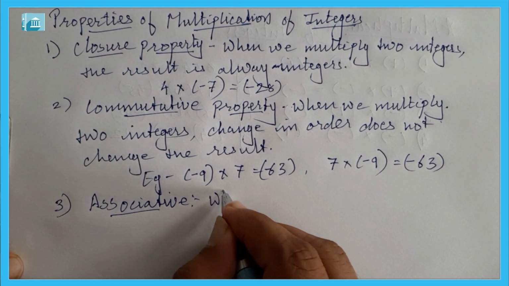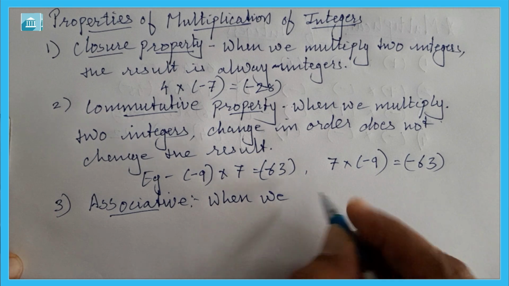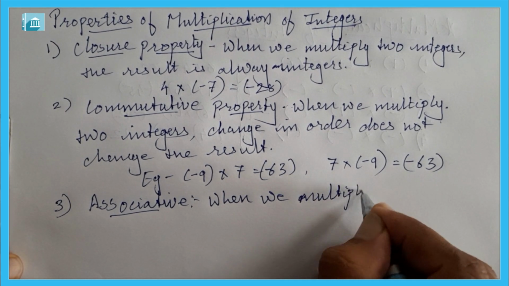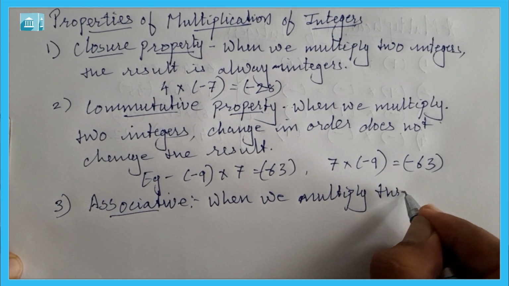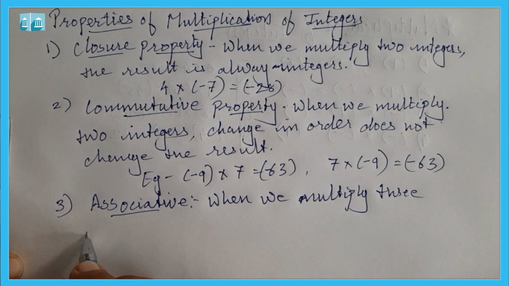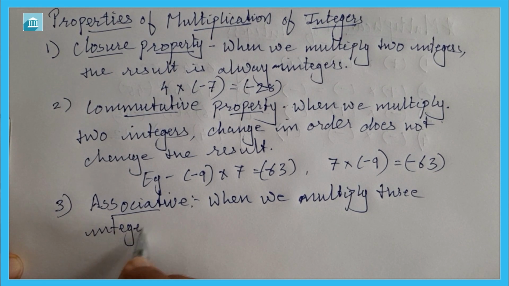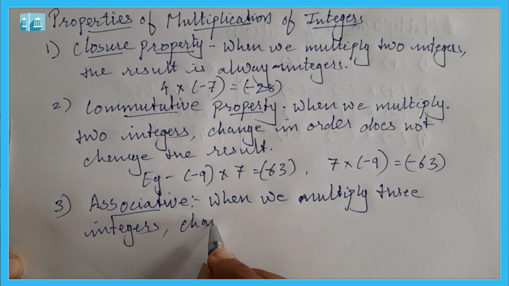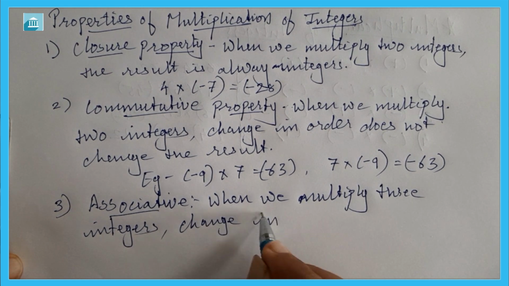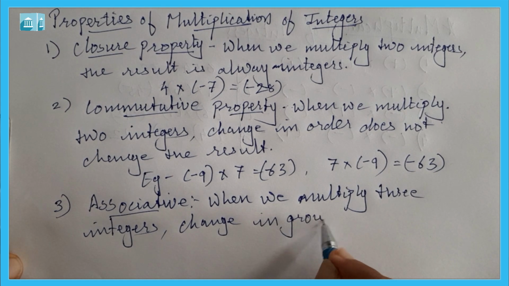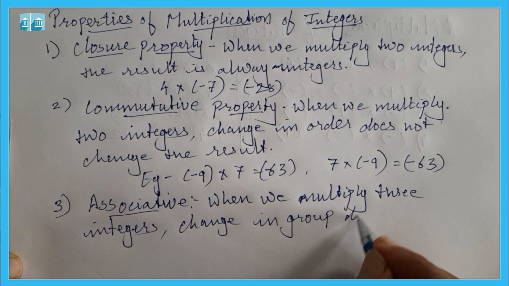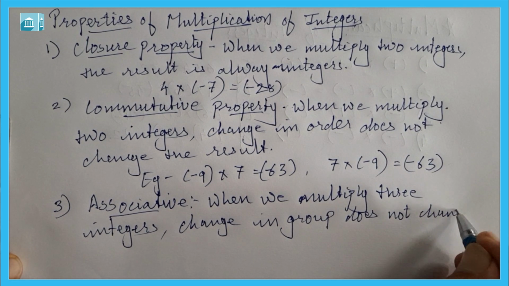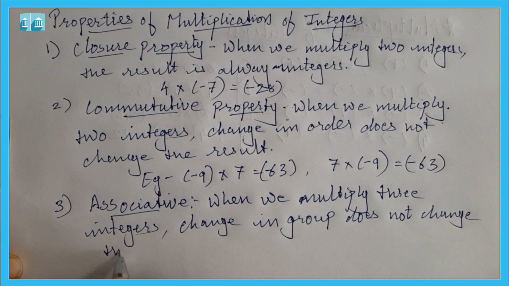Associative property says that when we multiply three integers, change in group does not change the result.